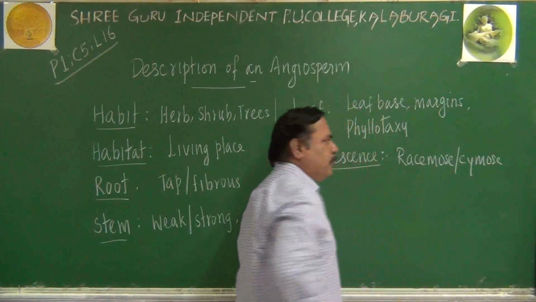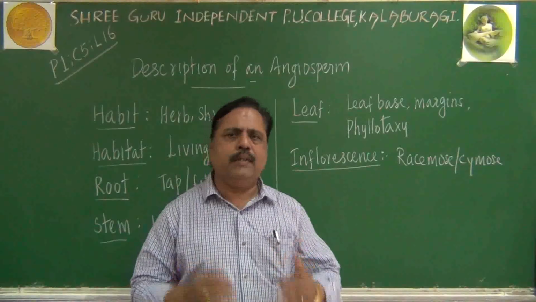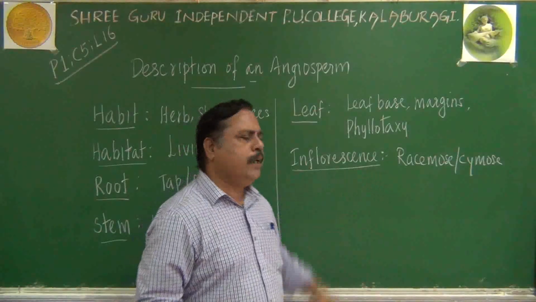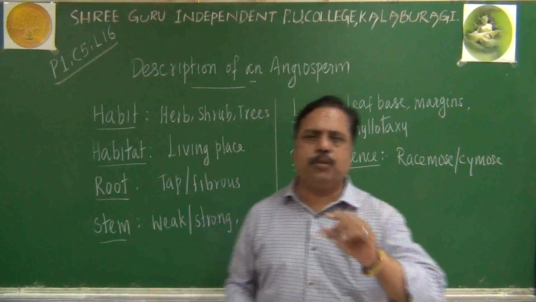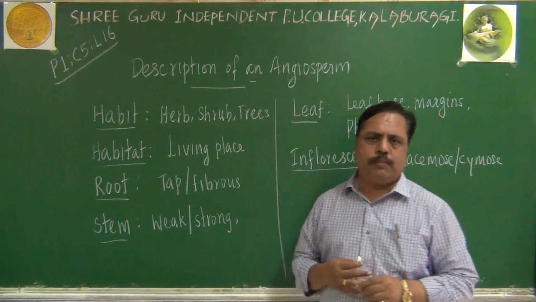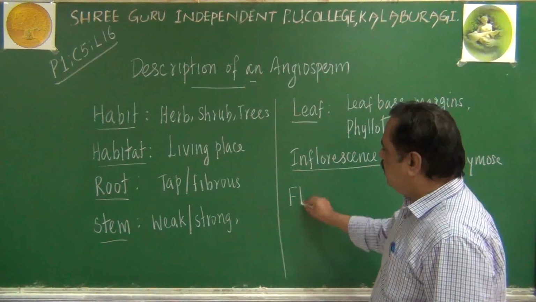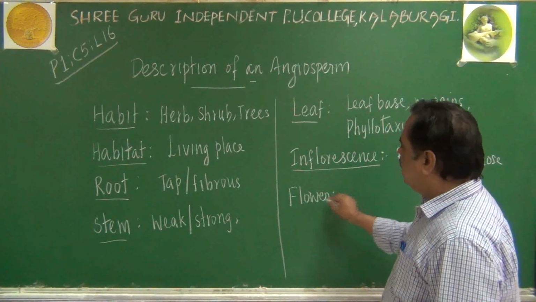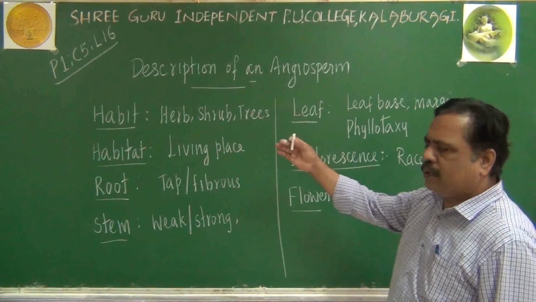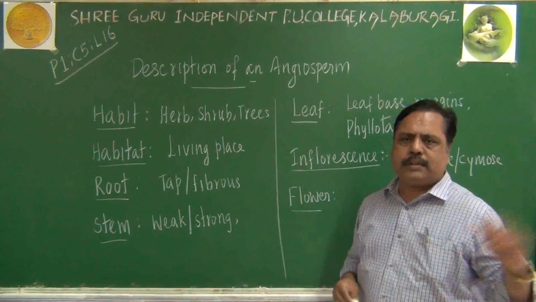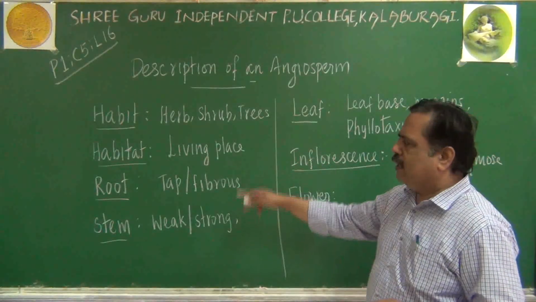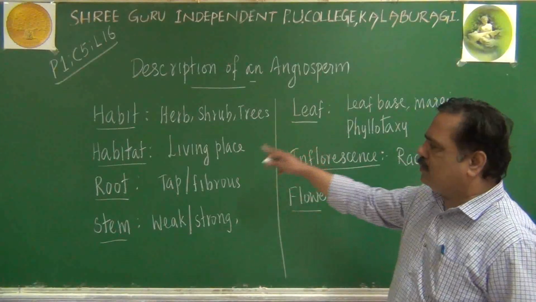So, about that inflorescence nature, we can write a point, whether it is racemose or cymose, we have to remember. Next to this, we come to the flower actually. Regarding flower description, terminologies and other things, I will describe it again. Just make note of these points, we will continue further.